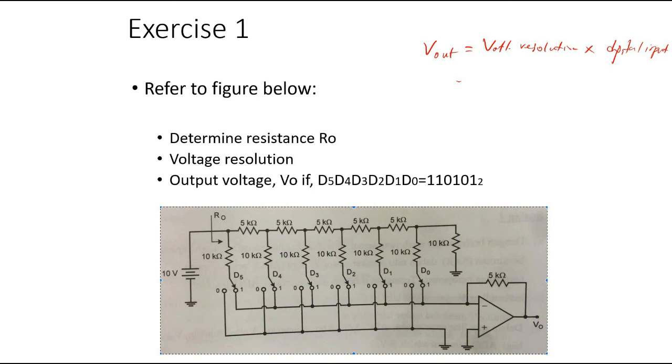Okay, ni equation yang kita kena ingat selalulah, negatif, untuk R to R ladder. So voltage resolution kita dah calculate tadi, ni negatif yang equation yang asal, 0.15625 multiply with 110101 base 2. Okay, so kita akan dapat 0.15625 multiply with 53.